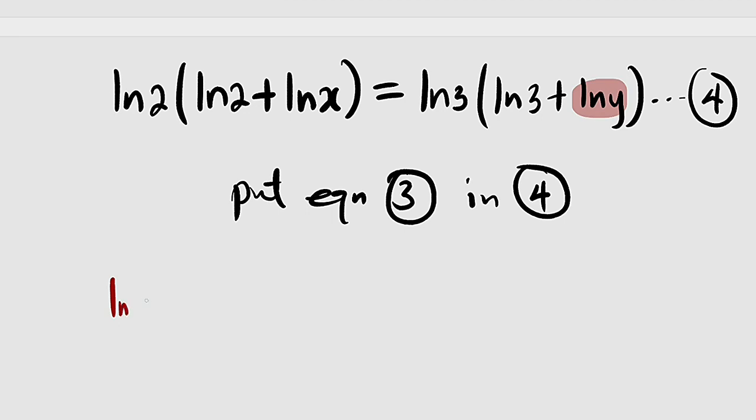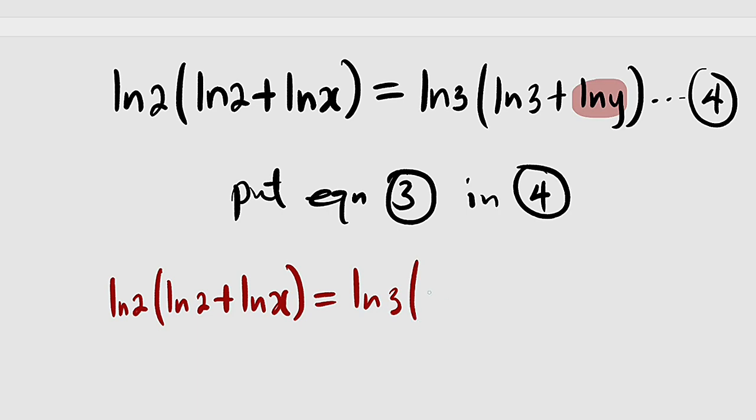This is ln 2 multiplied by ln 2 plus ln x equal to ln 3 multiplied by ln 3 plus the whole of ln y, which is the same thing as ln x multiplied by ln 3 divided by ln 2.